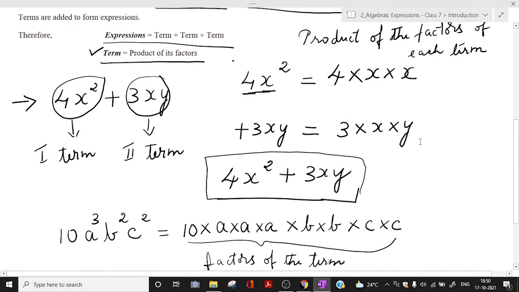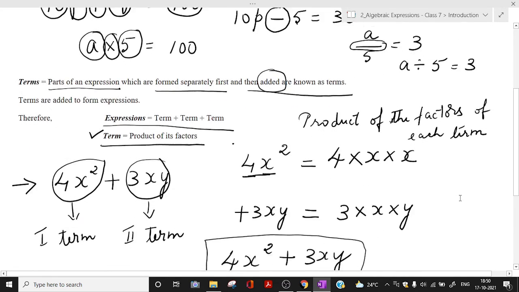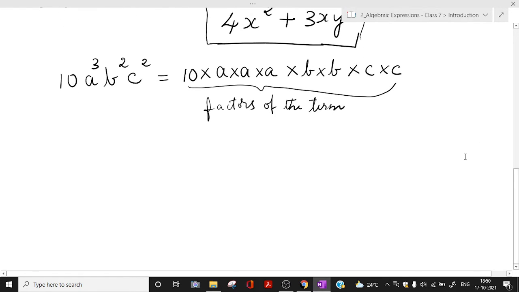Now there might be a question: we always say and then add it, the word added. When I say added, there can also be a minus sign. It is not always adding. For example, if I take the same expression 4x squared plus 3xy, but instead of plus I write minus, so 4x squared minus 3xy, in this case there are two terms.